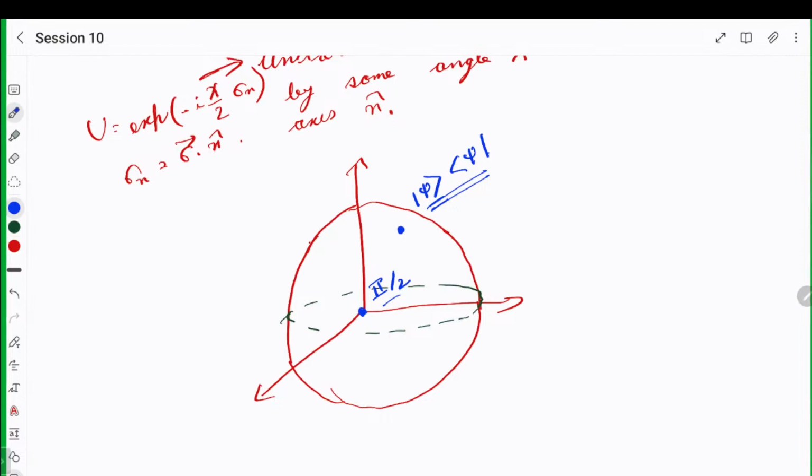Can you, with the help of a unitary, go from psi to I by 2? Any ideas?